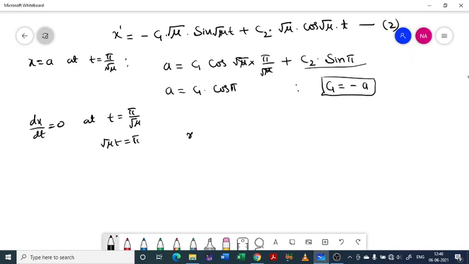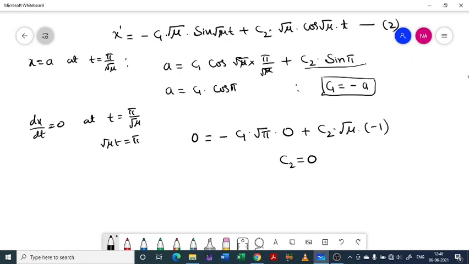Now x dash at 0, from equation 2 I am writing, equals minus c1 root mu into sin pi 0 plus c2 root mu into cos pi, which is minus 1. So I can check that c2 will be 0.